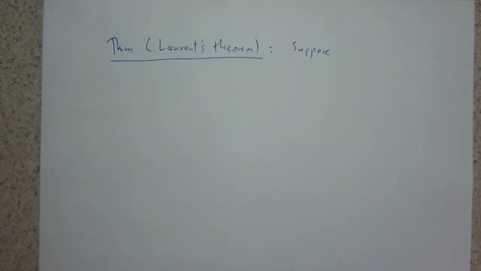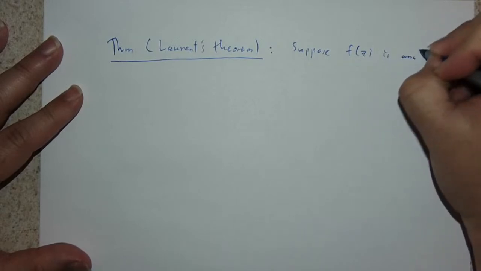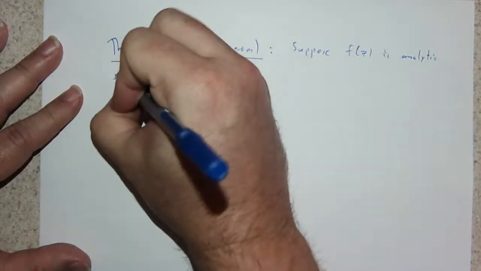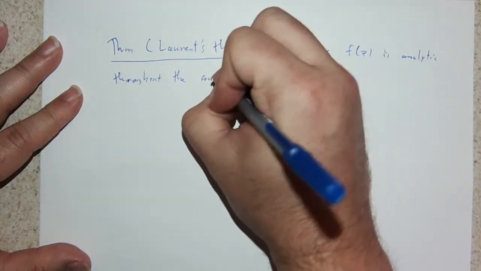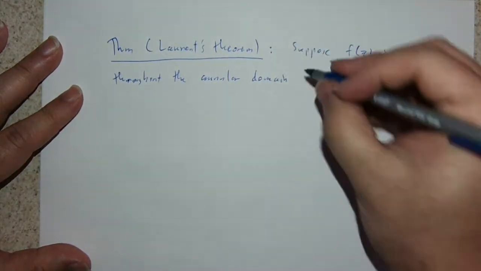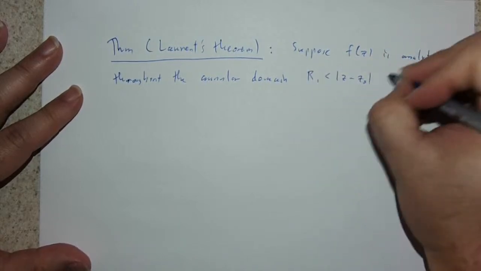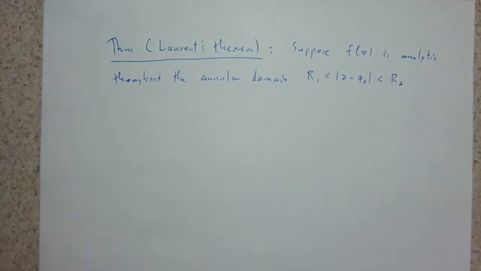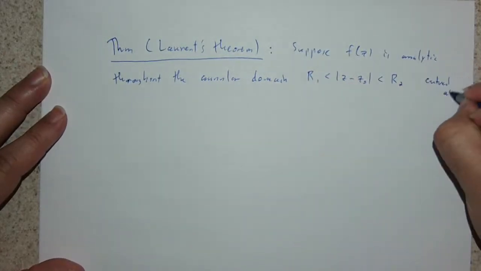So then suppose that f of z is analytic throughout the annular domain given to me by the modulus of z minus z naught being strictly between two radii, r sub 1 and r sub 2. So this is an annular domain centered at z naught. Okay.